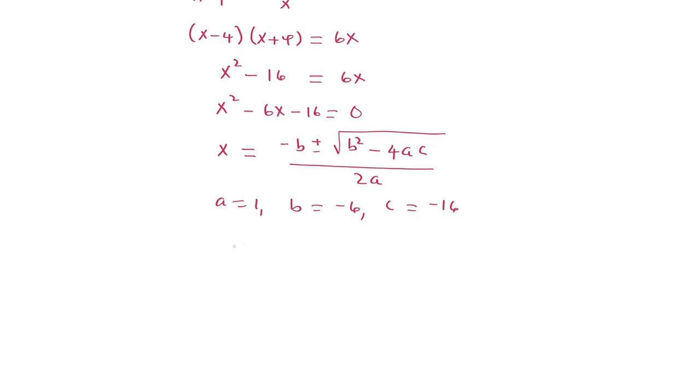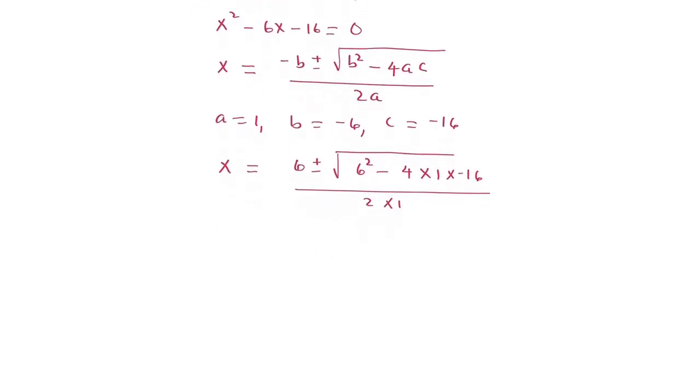Our equation is going to be x equals 6 plus or minus the square root of 6 squared minus 4 times 1 times negative 16, over 2 times 1, of which after solving the values we are going to have x equals 6 plus or minus 10 over 2.